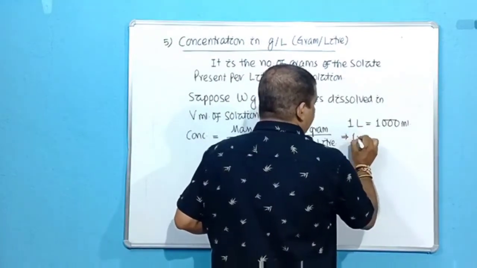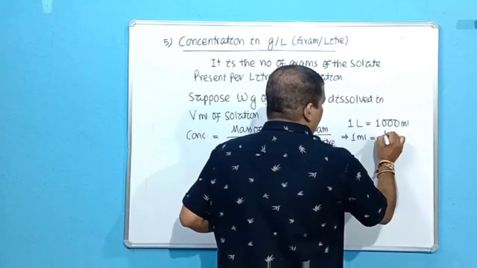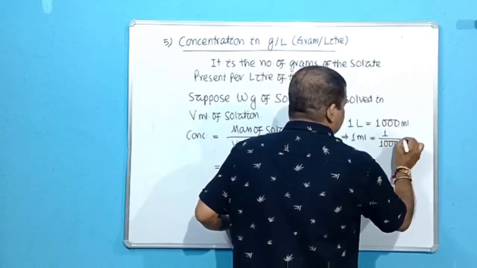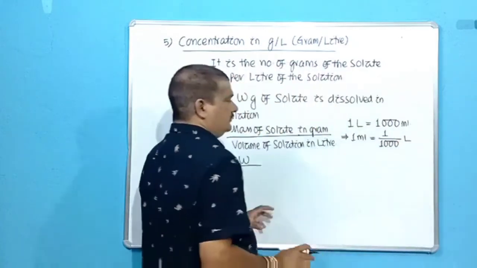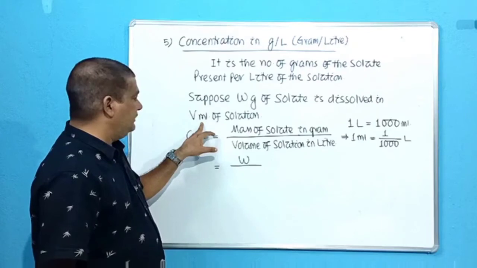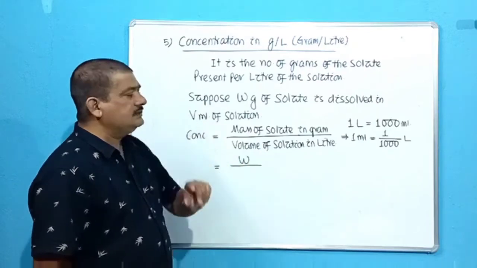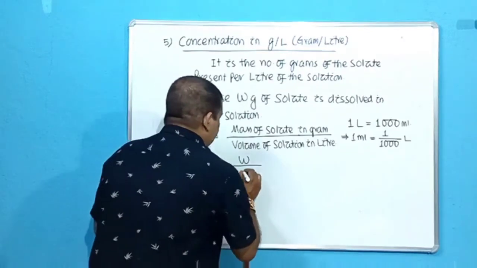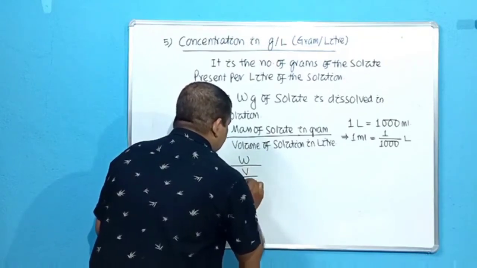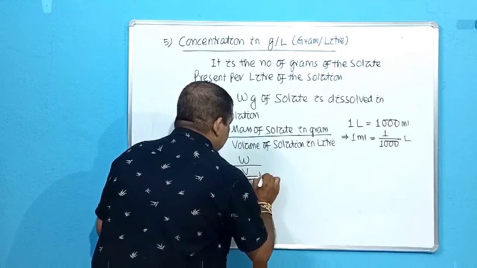It implies that 1 milliliter will be 1 by 1000 liter. So you have to remember this formula. So volume is given as V milliliter. V milliliter means V by 1000 liter. So divided by V by 1000 liter.